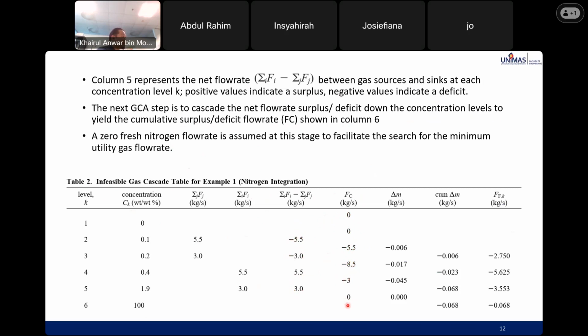At the end, this is FD, so FD is 0. The fresh nitrogen product is simply staged at this stage to facilitate the search for the minimum fresh gas flow. The reason I start from 0 is to find the pinch point for this nitrogen integration.